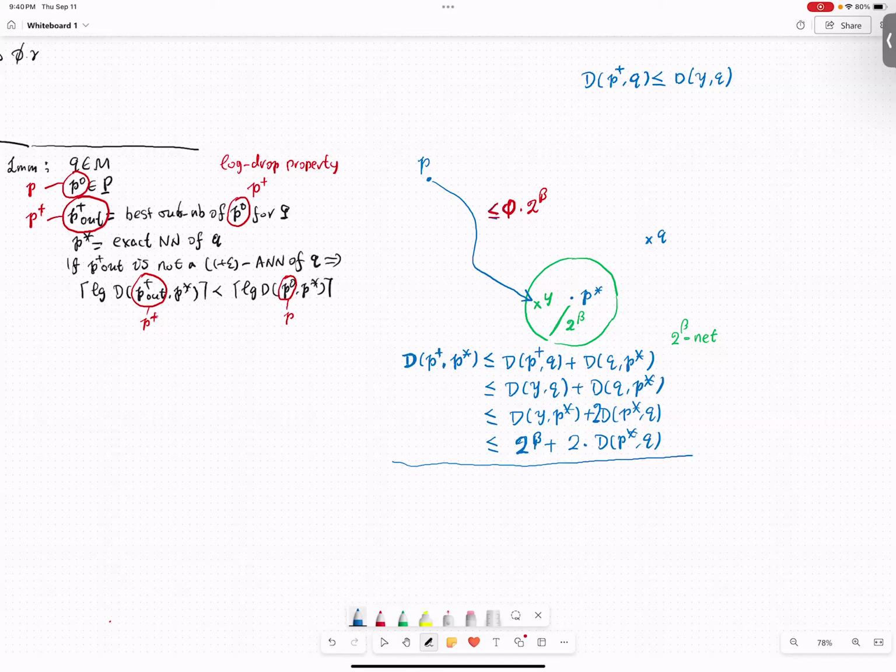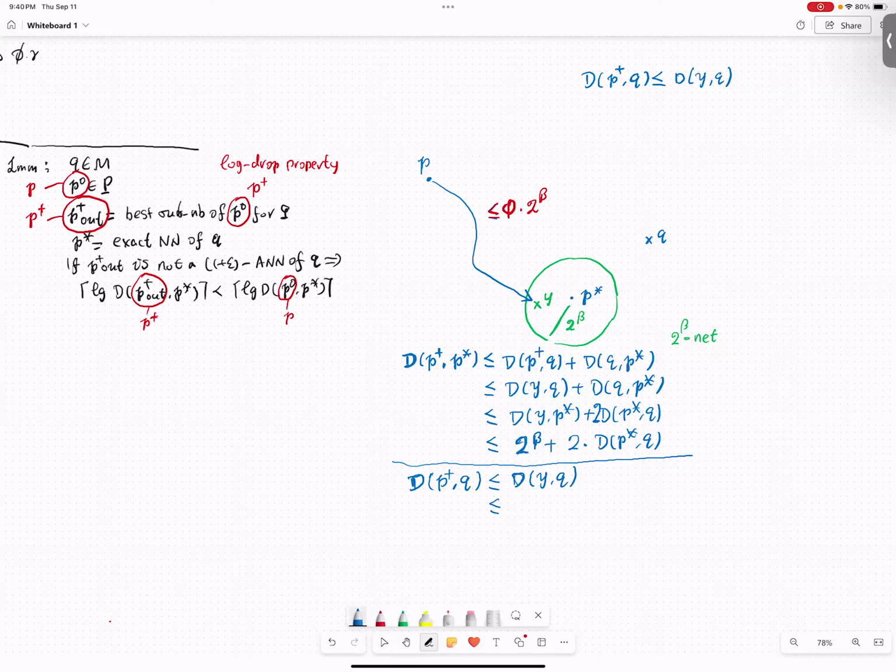Now, on the other hand, let's start another string of derivation. So here, if you look at d p plus q, right? Once again, we can use this inequality here to say this is at most yq. Okay, so this is definitely true.